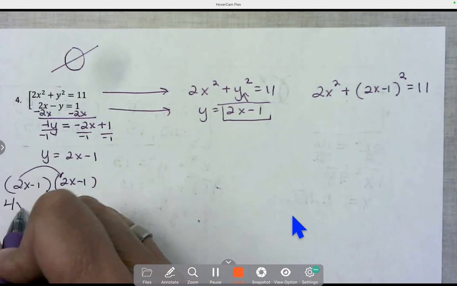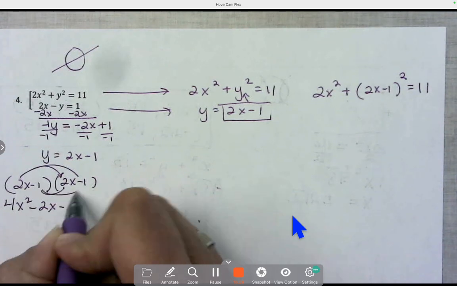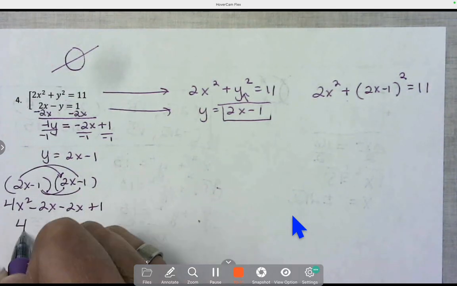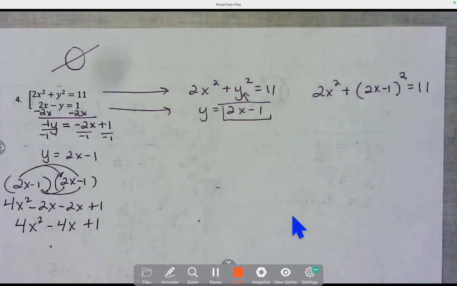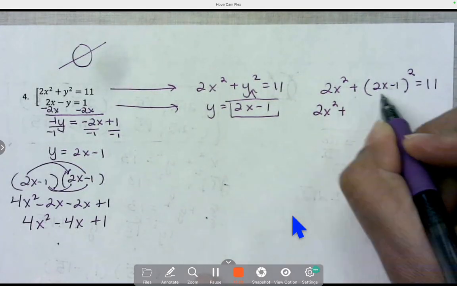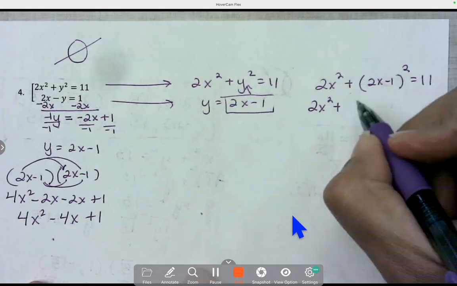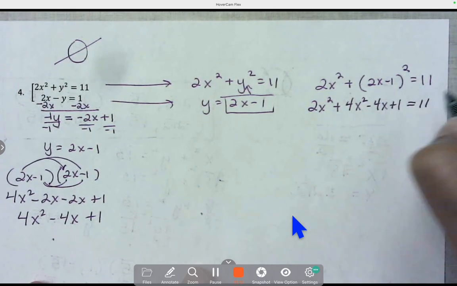So we're going to distribute. So I'm going to replace 2x minus 1 squared with 4x squared minus 4x plus 1 equals 11.